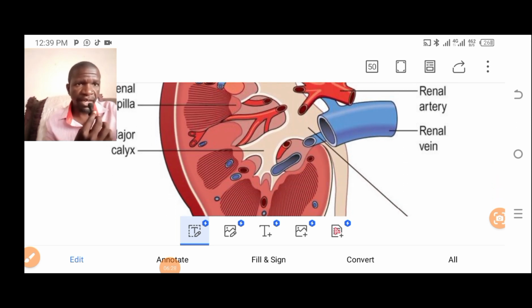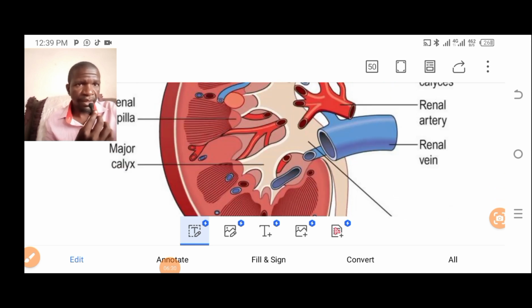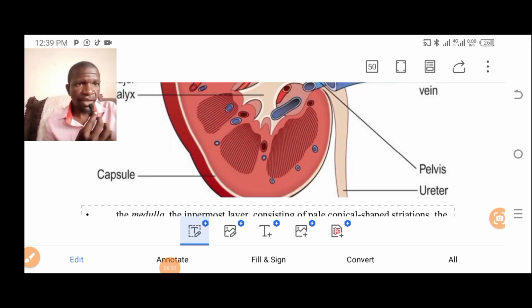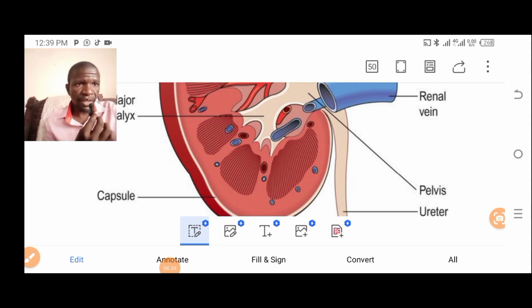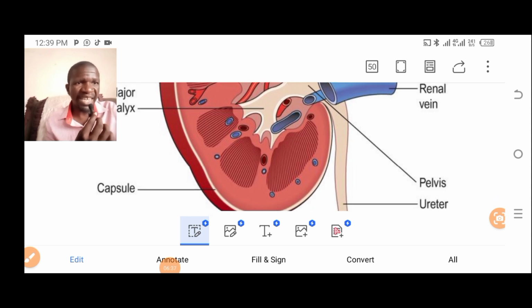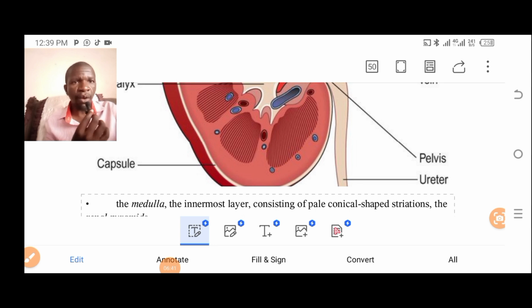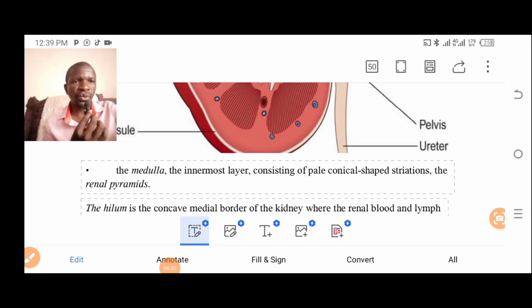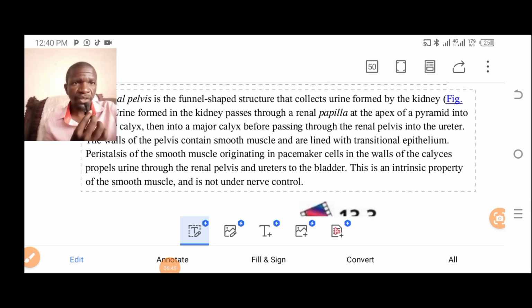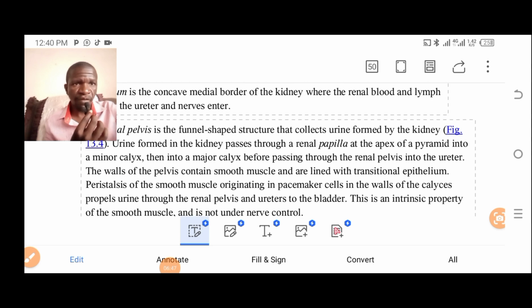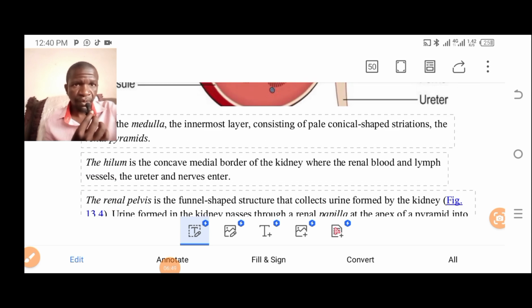We also have the renal vein. We then have the ureter. So we also have what we call the renal pelvis. The renal pelvis, as you can see, the ureters now are collecting the urine and emptying into the bladder. So in simple terms, I am sure you have understood this.